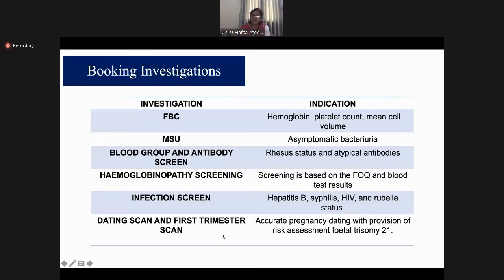You check for the presence of nuchal thickness. Nuchal thickness is the thickness of the fat pad at the back of the neck, which if it is more than 3 millimeters indicates that the baby may have some form of chromosomal anomaly or some form of aneuploidy like trisomy 21. So a first trimester scan is very helpful in evaluating these trisomies.